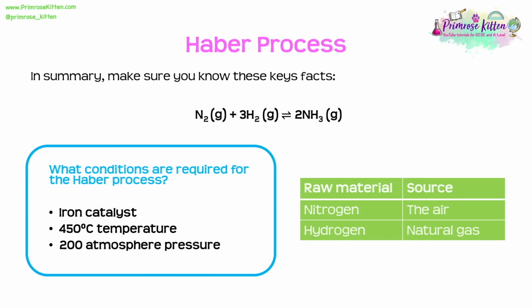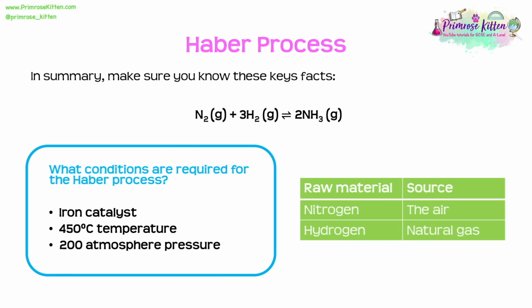To summarise the Haber process, we need to make sure that we know these key facts. So nitrogen plus hydrogen makes ammonia. And the balanced chemical equation for this is N2 gaseous plus 3H2 gaseous goes to make, with a reversible arrow, 2NH3 gaseous. We need to make sure that we know these three conditions for the Haber process.